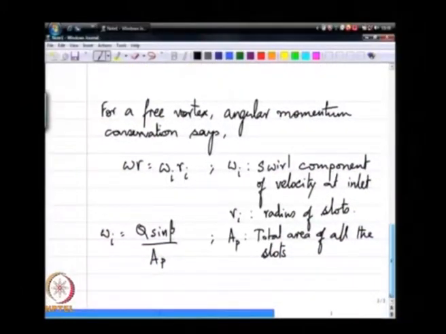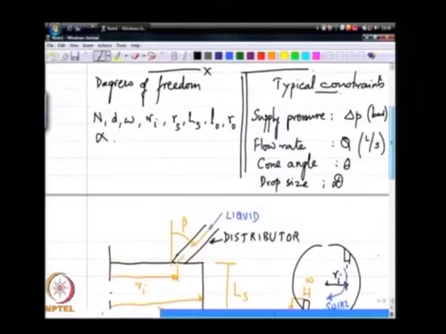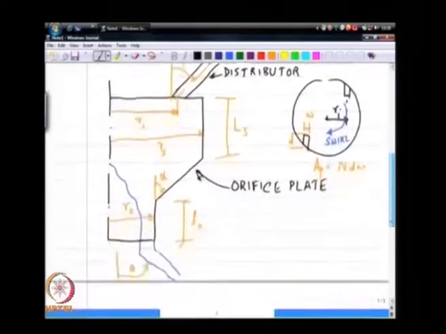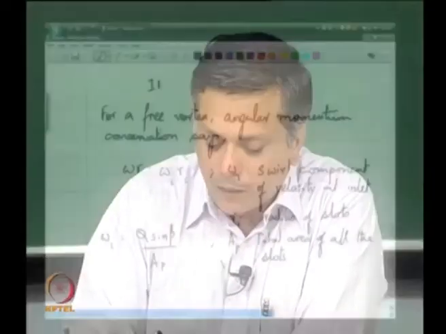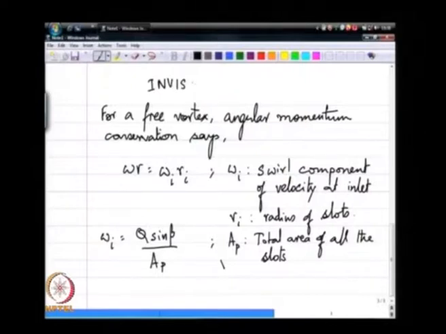Okay, so if I now go back to my free vortex that I have set up by these tangential slots, W times R is W I R I, which is coming from angular momentum conservation. Now, mind you, the moment I say angular momentum conservation, I have already made a couple of simplifying assumptions that we are only dealing with inviscid analysis.